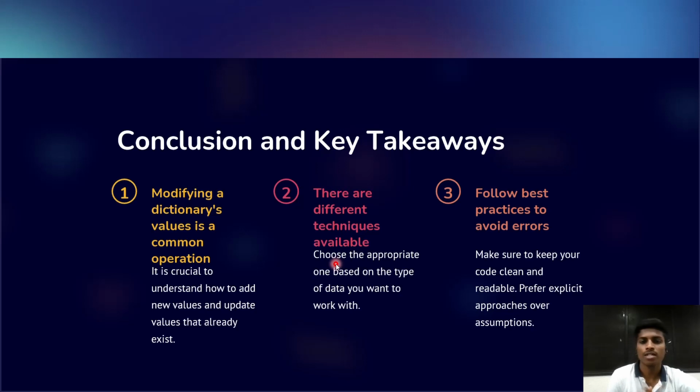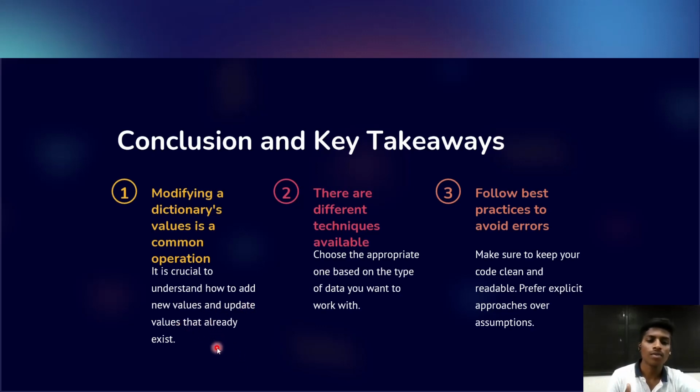So today's conclusion of the video or the topic is that modifying dictionary values is a common operation. Okay, everybody does it. It is crucial to understand how to add new values and update values that already exist. So this we have learned today, to add new values and update values.